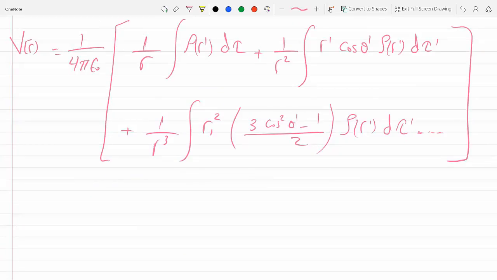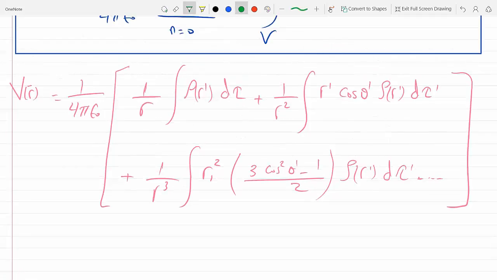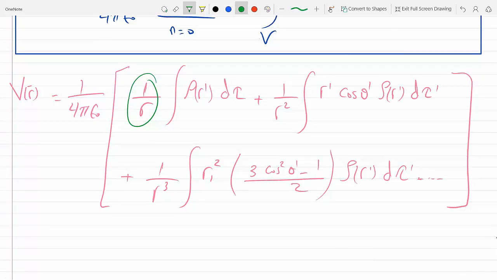r. Let's look at these terms individually to see what they're telling us. The first term is going as 1 over r, so this first term here is the monopole contribution to the expansion. It's inversely proportional to r.